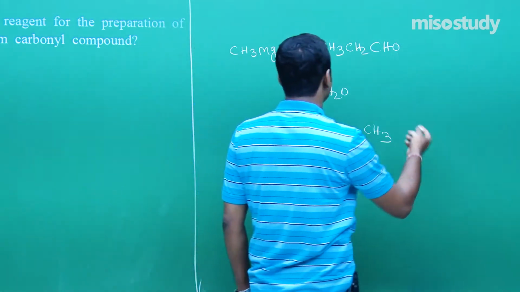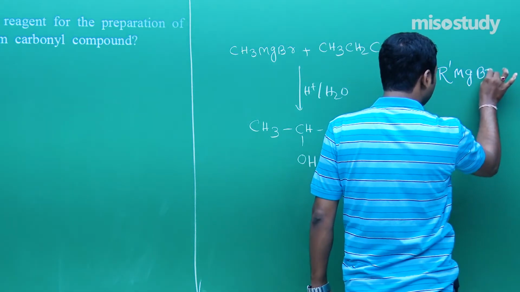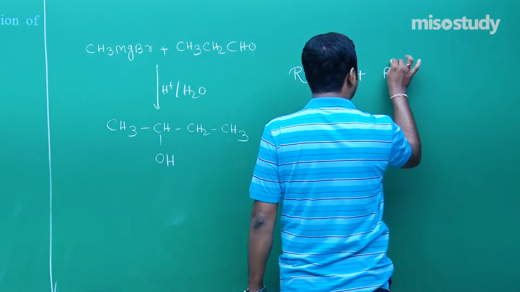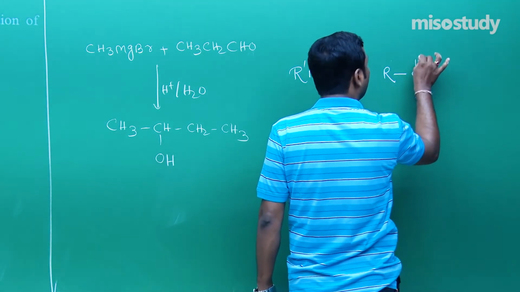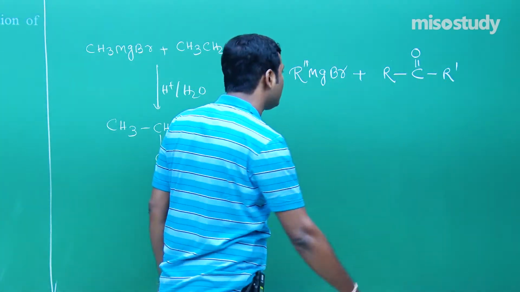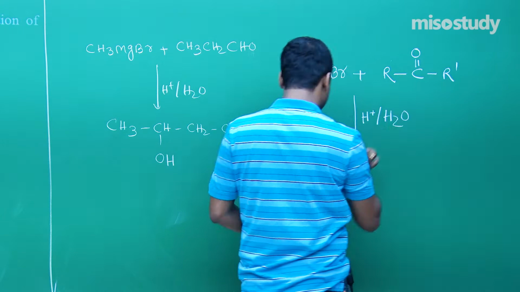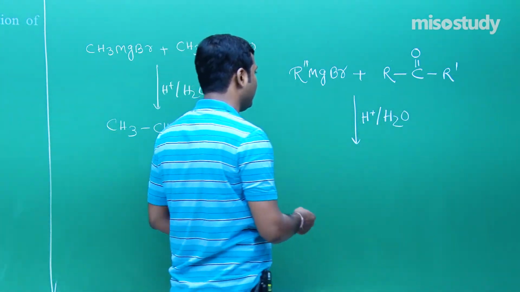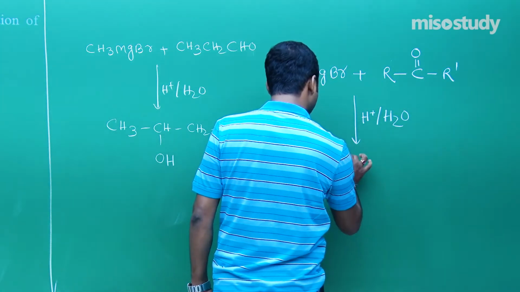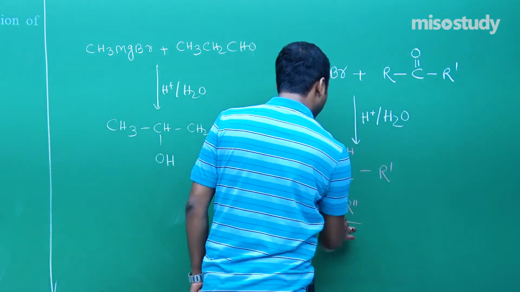If I write another example, R'MgBr plus R-CO-R'', clear to you? This is ketone. Then what will happen? H+ in H2O. The product in this case is R, then C-OH, then R' and R''.